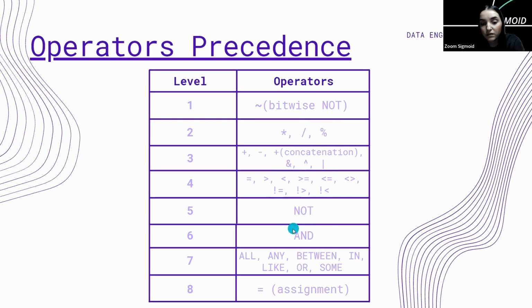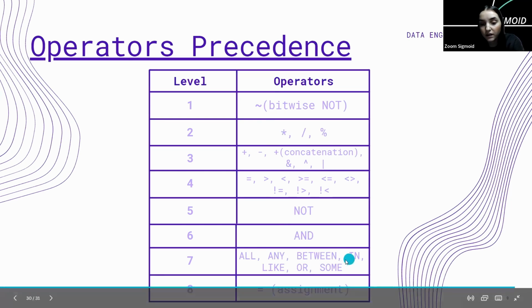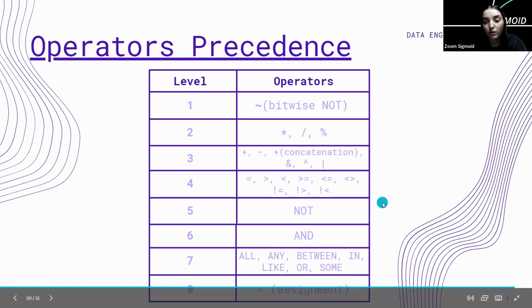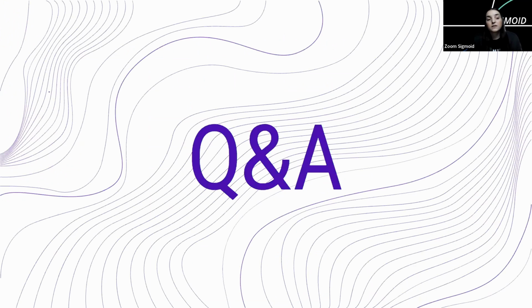We have the NOT, then the AND, after it OR, IN, ALL, and all the operators. And the last one is assignment. We haven't mentioned the assignment. We won't use the assignment, but it's the lowest priority operator. And I think that's it for today. A short introduction to Microsoft SQL Server.